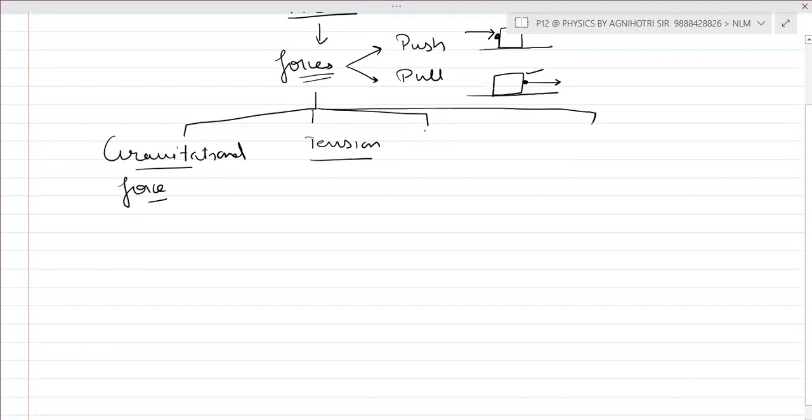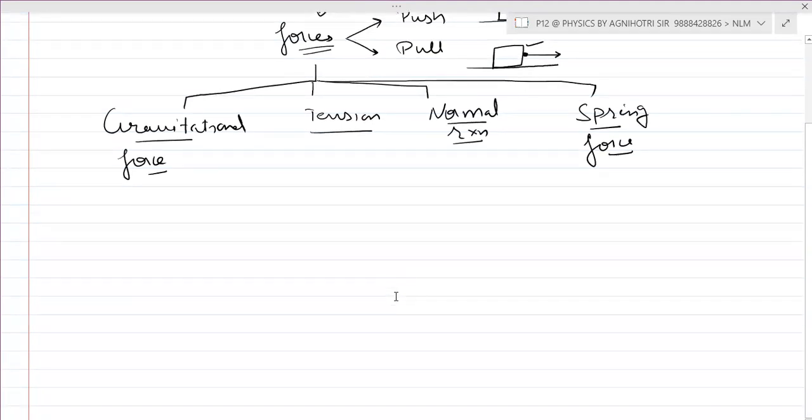And then the normal reaction. And then the spring force. So in today's lecture, we will discuss all this stuff in detail, okay? And it's going to be a very, very simple approach too.